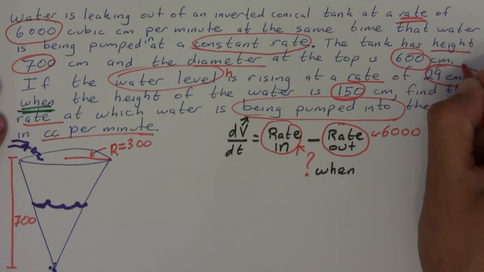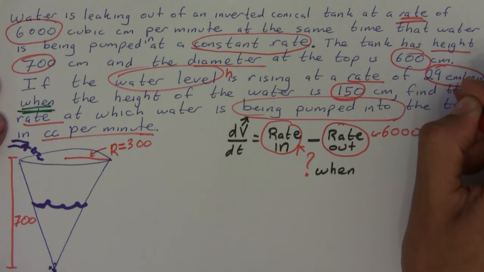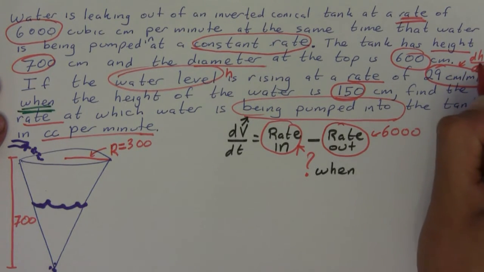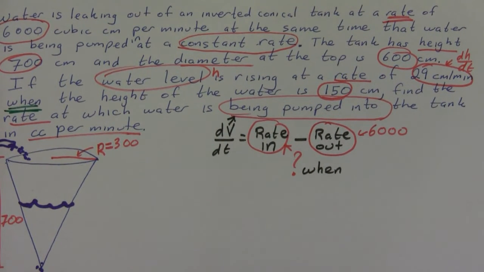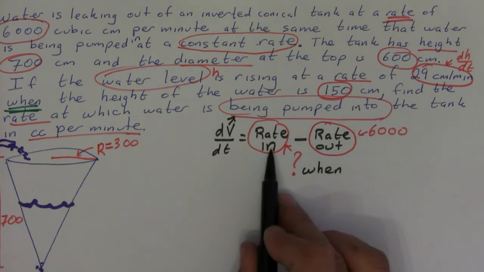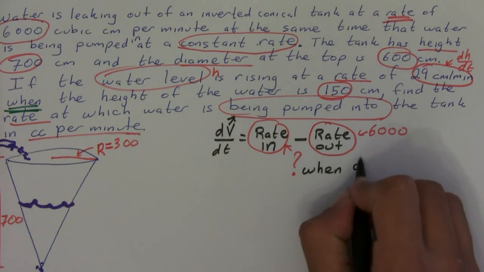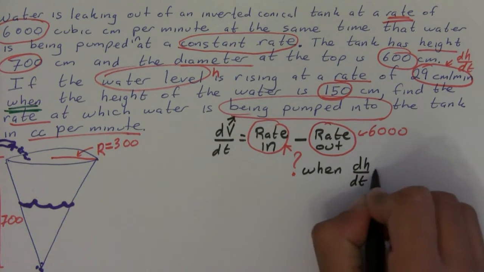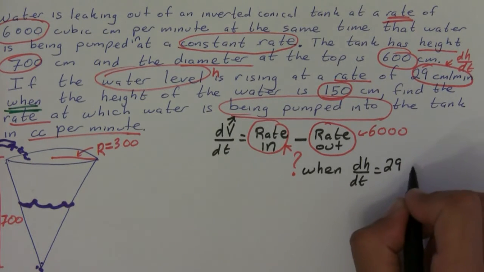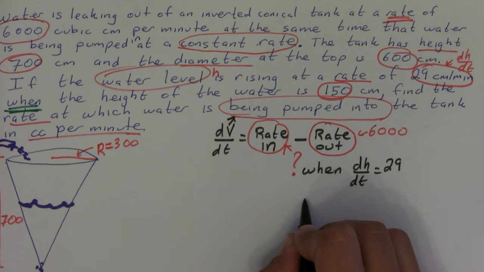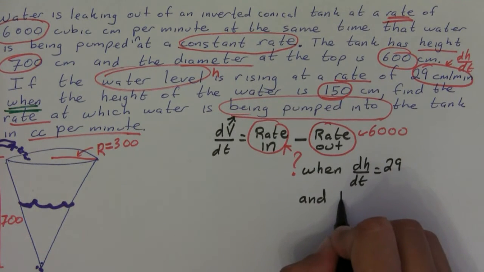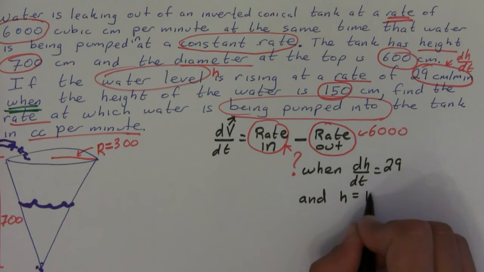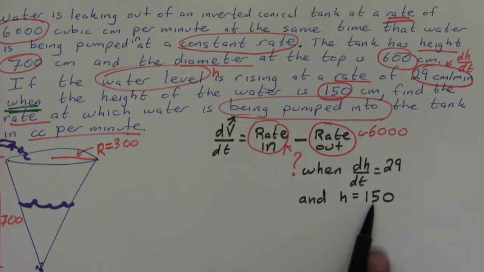That means 29 centimeters per minute is dH over dt. So we're looking for the rate in when dH over dt is equal to 29, and also when the height of the water is 150 centimeters, so when H is equal to 150.